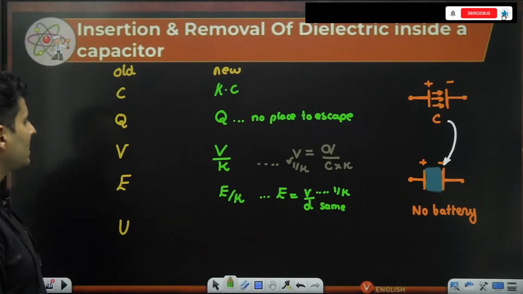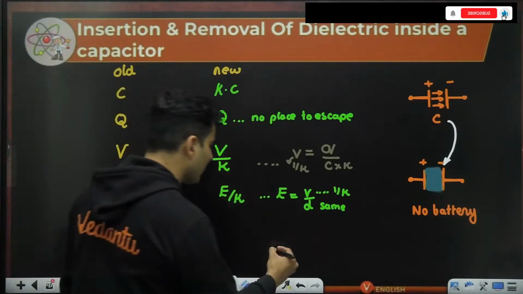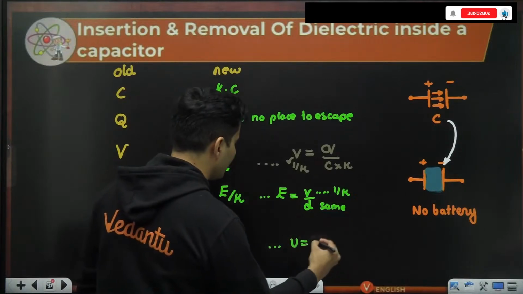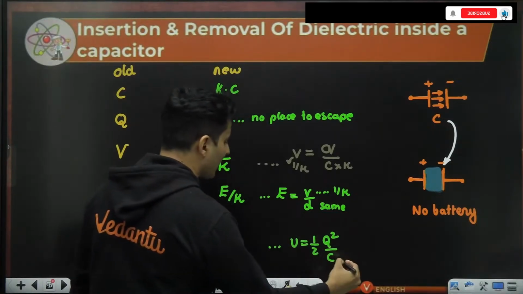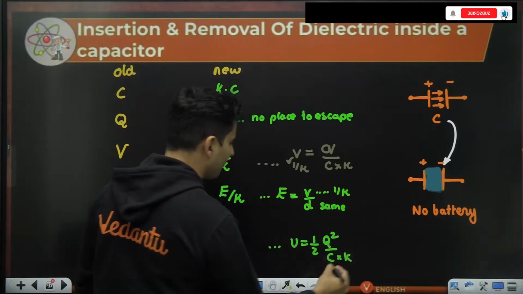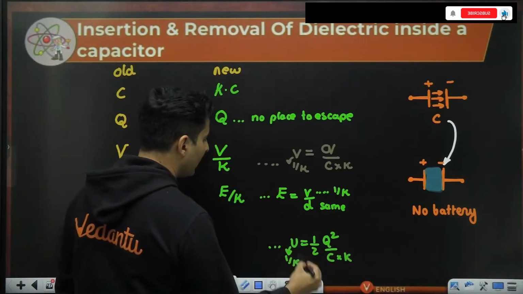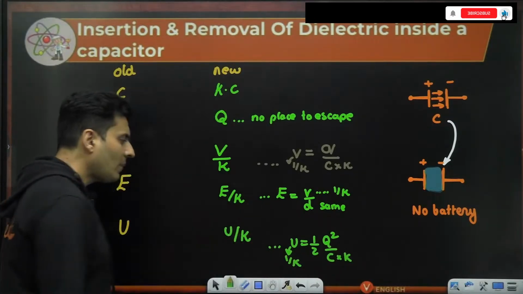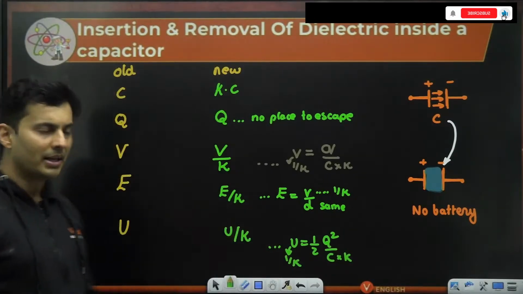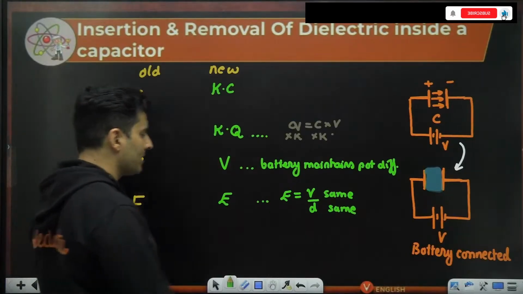What about the energy? Here charge was not changing, capacitance was changing. So if I use energy is equal to half Q square by C, capacitance has become K times and it is in the denominator, so energy will become U by K. Whereas in the case of battery being connected, voltage is constant.